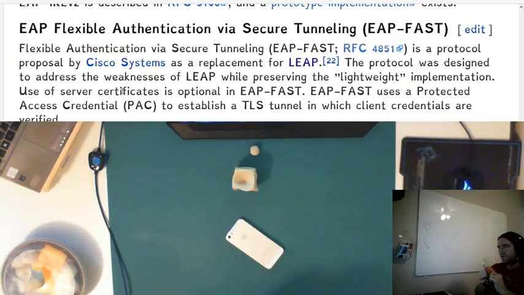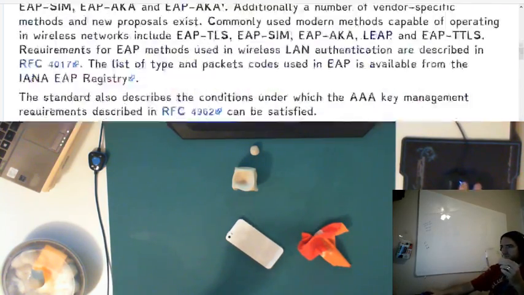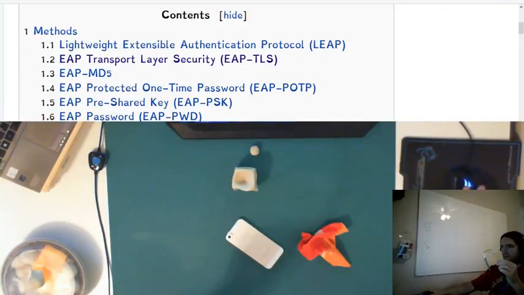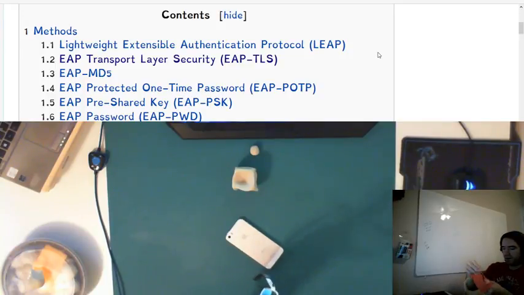So let me just recap now. What did I learn so far? I've learned LEAP, which is Cisco proprietary and loosely based on MS-CHAP. TLS, which requires a client-side certificate. MD5 hash algorithms, which are obsolete. Protected one-time passwords, which require a mechanism.